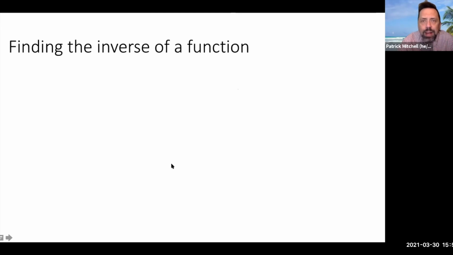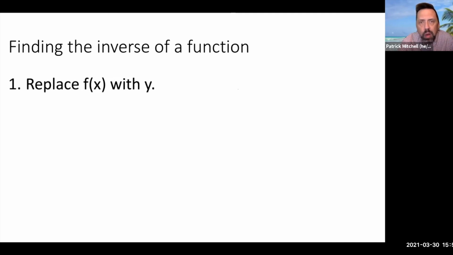Now we get to the point of how do you find the inverse of a function? If the function is defined by ordered pairs, it's really easy. But what if it's defined by an equation, which is usually how our functions are defined? Well, there's 4 steps. 3 of them are always very easy. The other one is sometimes easy, sometimes not so easy.